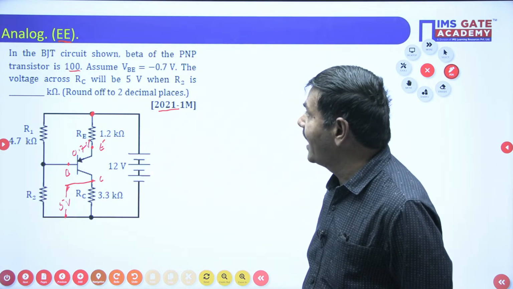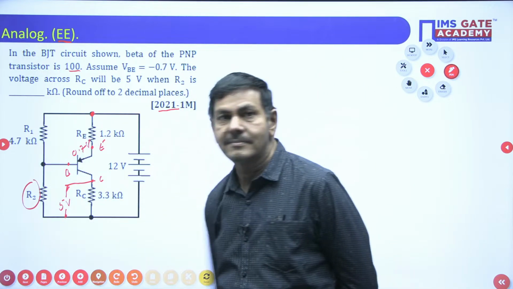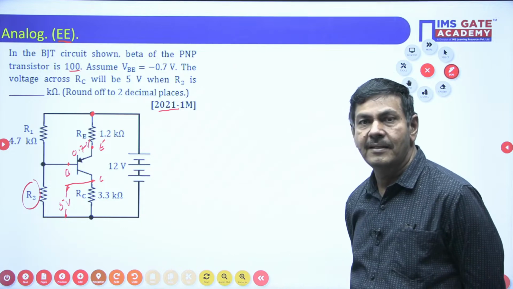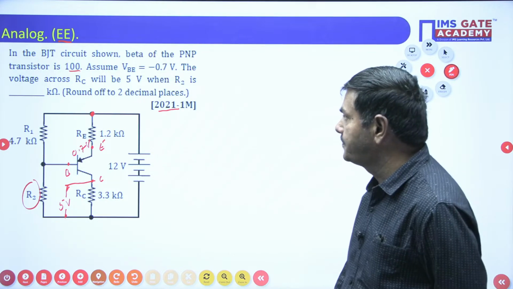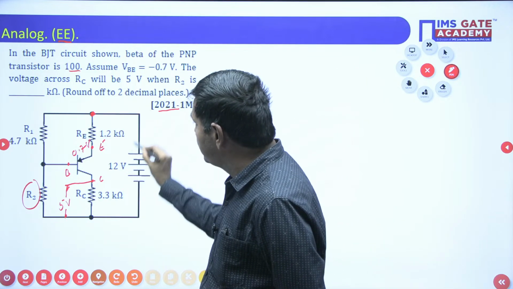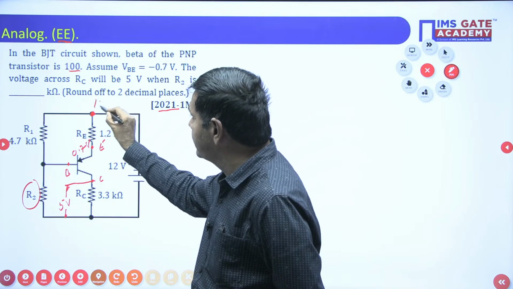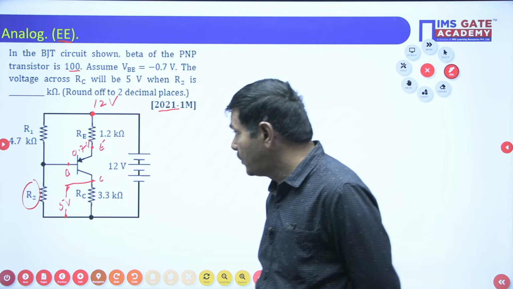R2 is dash kilo ohms. It is asking us to find R2. That value is required. How to find R2? I will give the concept clearly now. We know this node voltage is the same 12 volts.